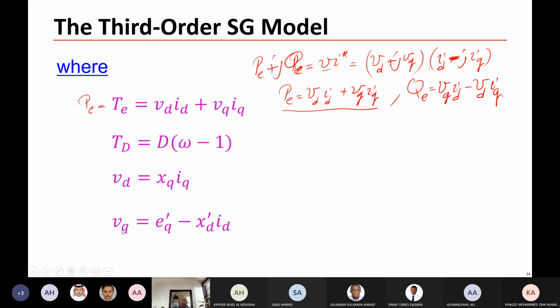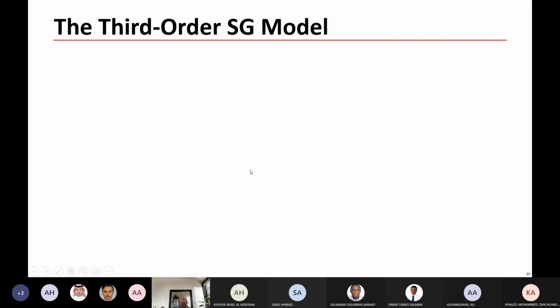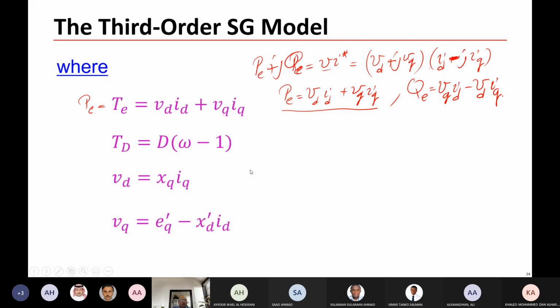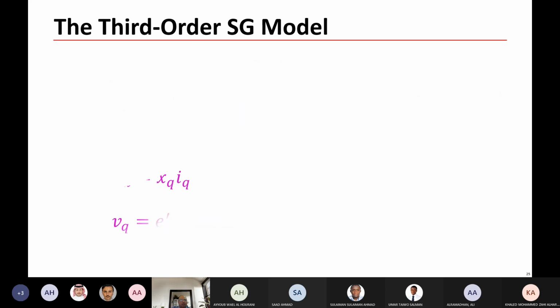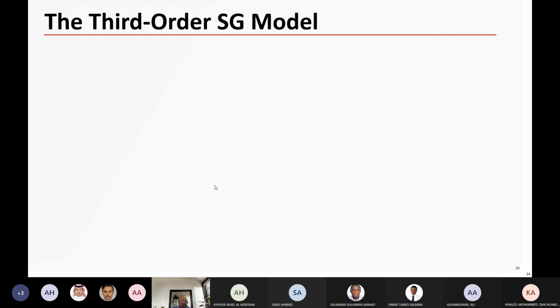So these are VD and VQ in terms of IQ and ID. Of course you can substitute here for VD and also VQ, and you get TE as a function of the currents, and this is no problem. So this is the algebraic equation, in addition to the three differential equations as we stated earlier.